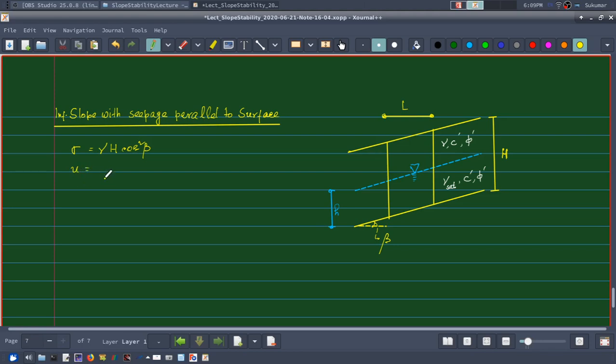It will be gamma w into h into cos square beta in the normal direction, and therefore my effective stress on the failure plane will be sigma minus u, and that will be gamma into h minus gamma w into h into cos square beta.